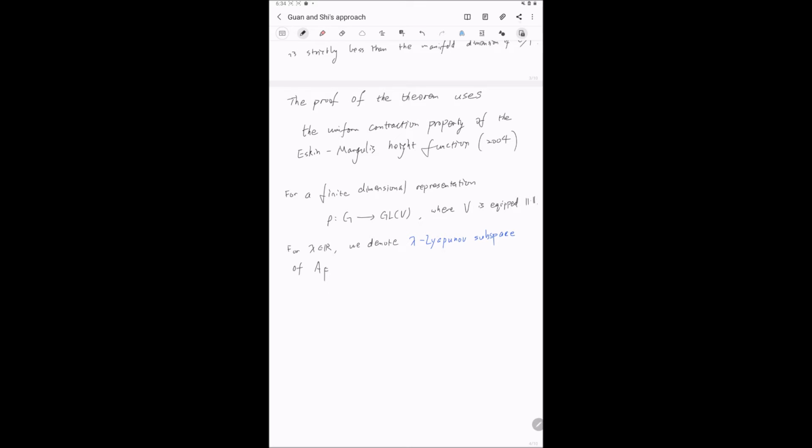Remember, A sub f is the diagonal part of f. We consider the subspace V sub lambda of all those v in capital V that are eigenvectors of rho of A_t with eigenvalue e to the power lambda t.